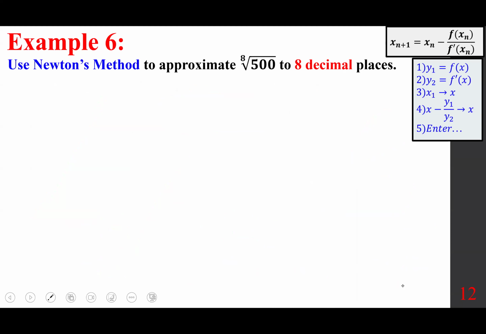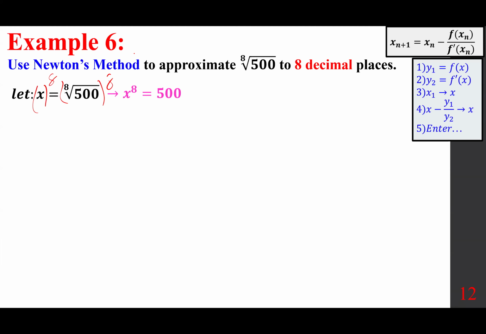I'd use Newton's method to approximate the 8th root of 500 to 8 decimal places. And so first and foremost, we want to come up with the function. So we let x represent that. Clearly, if we raise both sides to the power of 8, we get x to the power of 8 is 500.